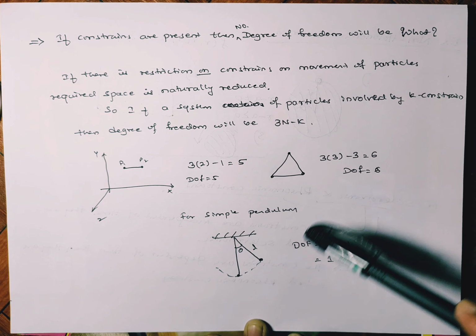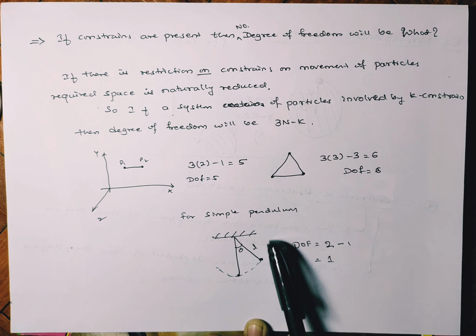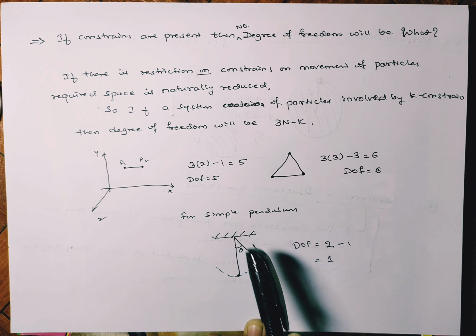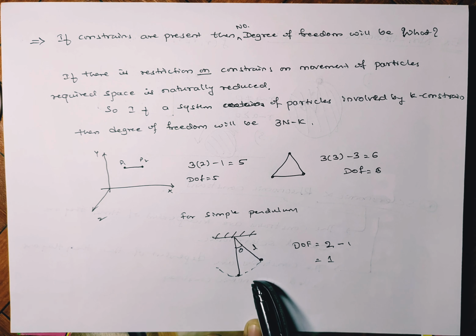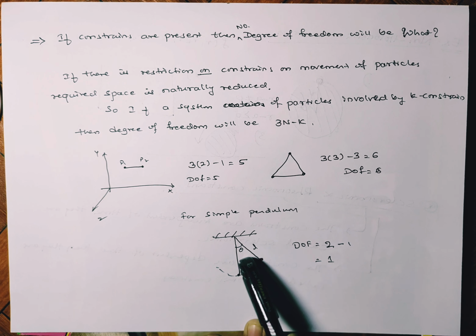Okay, let us see one more different example, for example a simple pendulum. Here in the simple pendulum, what is the number of degrees of freedom? How can we calculate? I take x-axis, y-axis, z-axis. Here the variable terms are theta and L, so the number of variable terms is 2. But here L is fixed, and the variable term is theta.